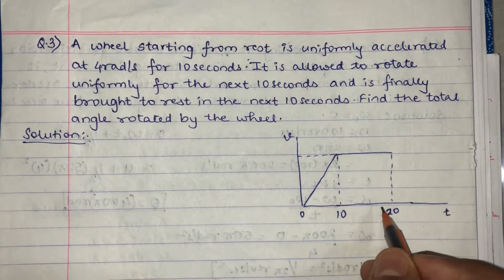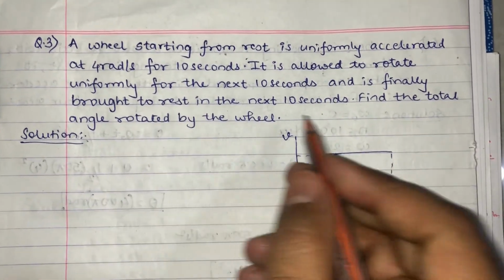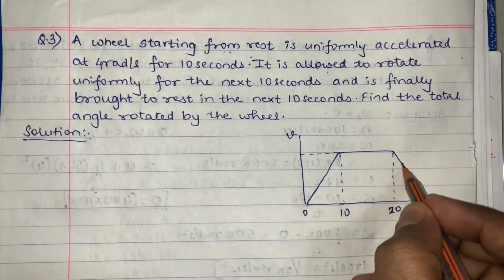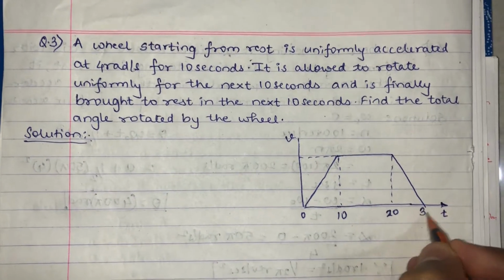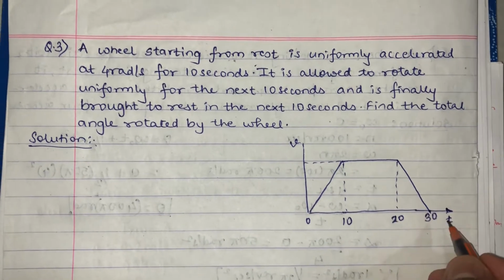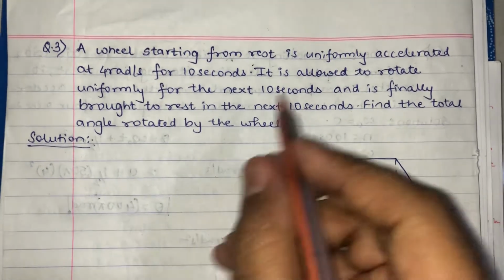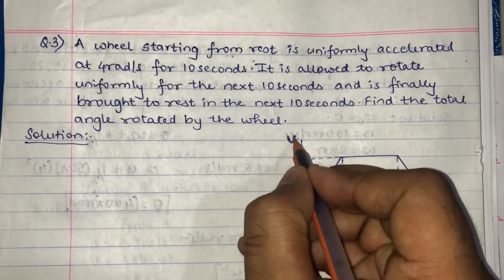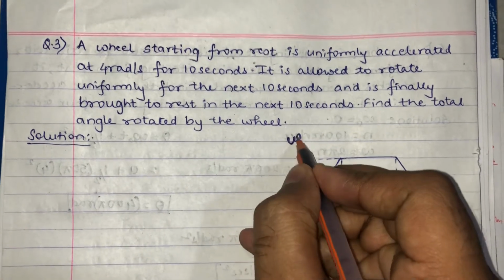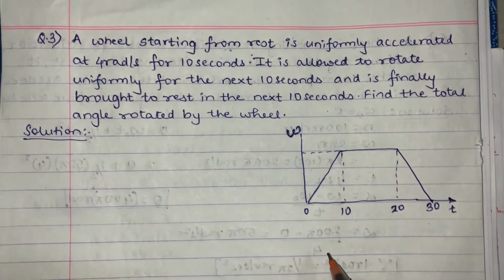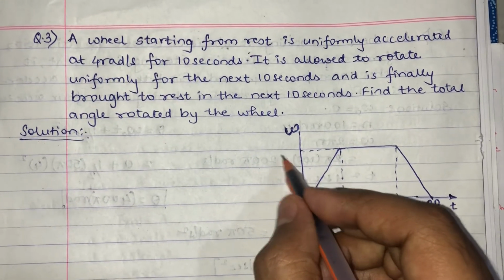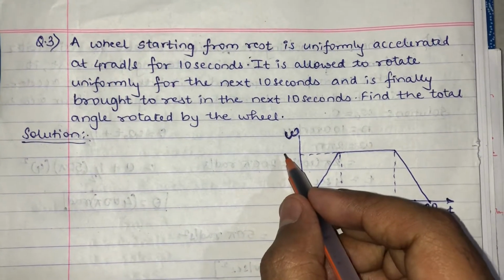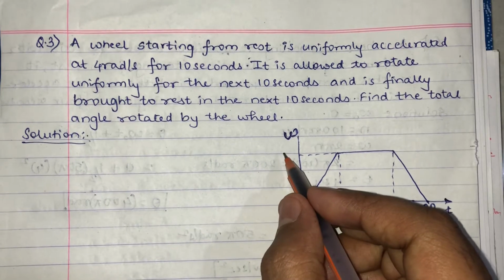And it is finally brought to rest in the next 10 seconds, which is 30. As we are talking about angular motion, we'll take angular velocity. Now the angular velocity here will be 4 radian per second, correct?